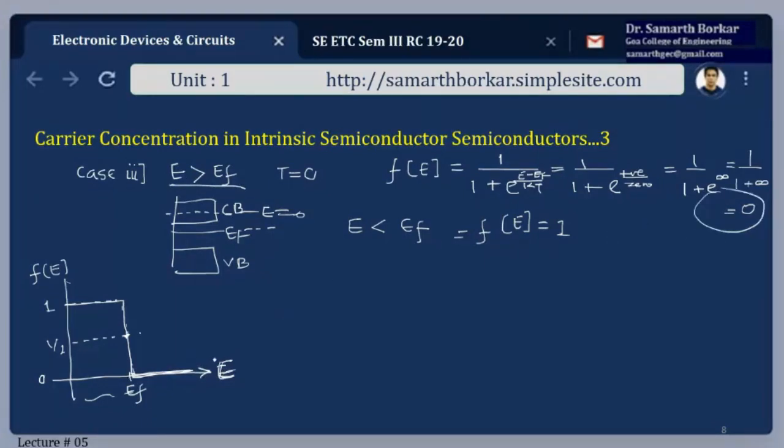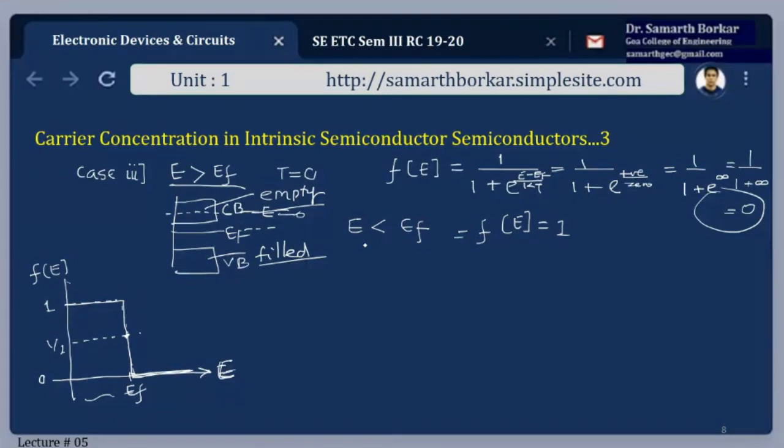Now, energy states which are less than the Fermi level are filled with electrons, whereas the energy levels which are greater than the Fermi level are unfilled or empty. Followed? So this is what is filled with electrons, and these are empty, or there are no electrons in those energy states in the conduction band.